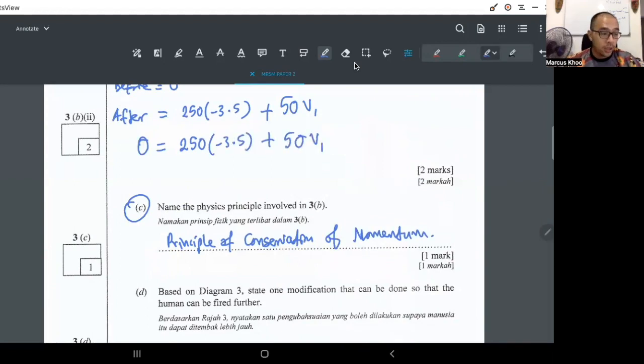Then you do your calculation, and you will get V1 is about 17.5 meters per second. I will leave you to do this calculation for yourself. But the idea is that you count the total momentum before, you count the total after, then you equate them. That's the principle of conservation of momentum.